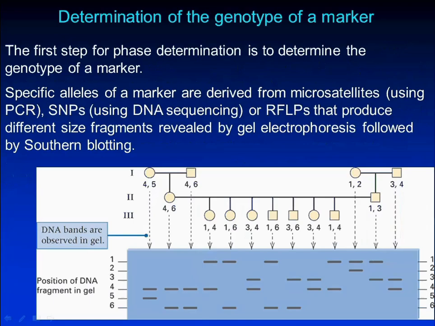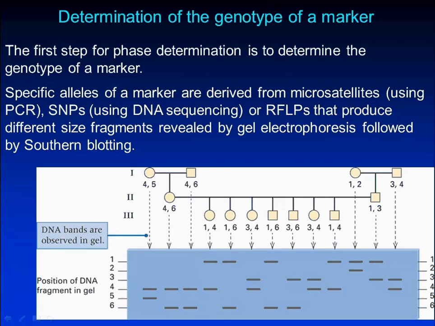The first step for phase determination is to determine the genotype of a marker. Specific alleles of a marker are derived from microsatellites, SNPs, or restriction fragment length polymorphisms. Here is a pedigree with a specific marker. The marker has 6 alleles, as demonstrated in this gel.